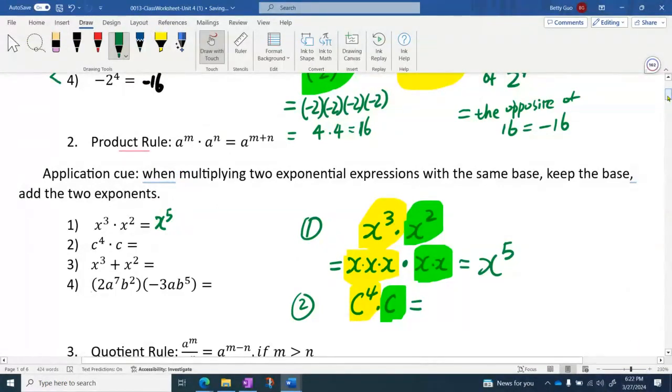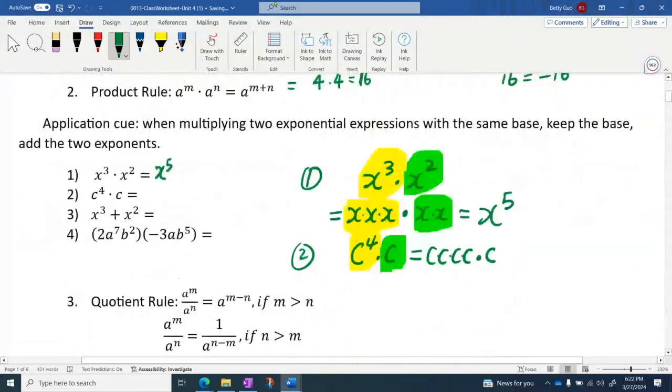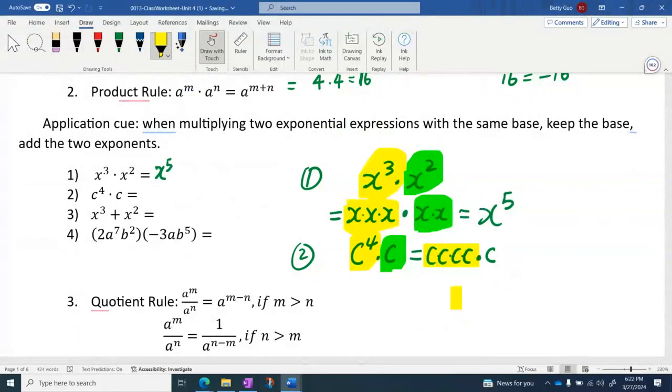We are going to use the definition of exponential expression to rewrite c to the power 4. The yellow is an exponential expression. c to the power 4 means c times c times c times c, 4 c's multiplied together. And then we are going to multiply one more c from the green. The yellow part, by the definition, is 4 c's multiplied together, and the green part remains the same. It's just the simple factor c.